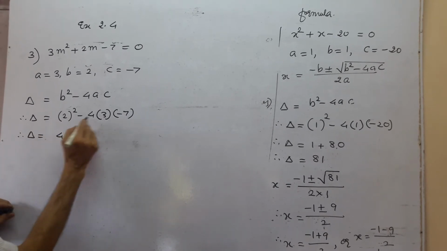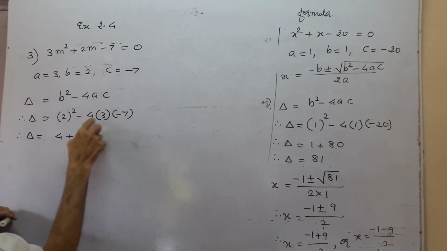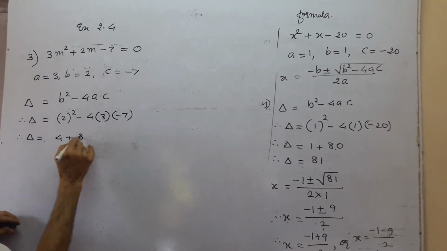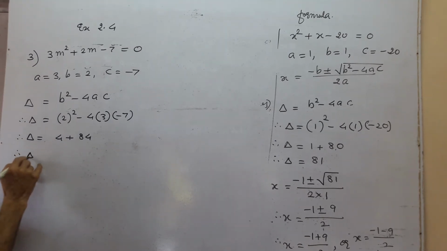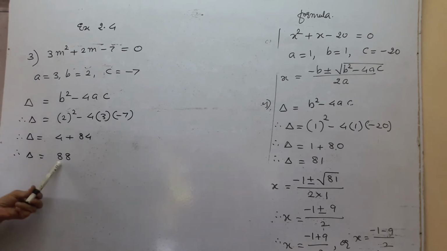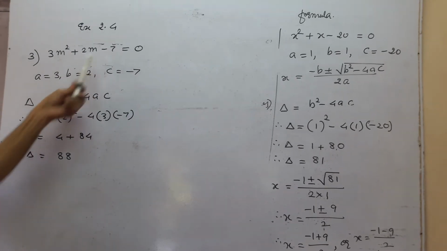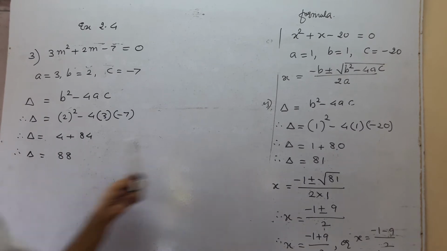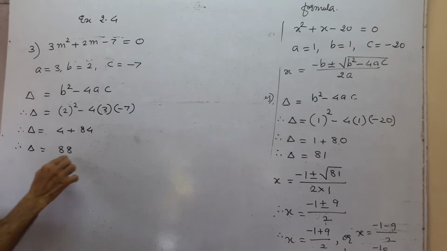Therefore delta is equal to 4 plus 4 times 3 times 7, 4 threes are 12, 12 sevens are 84. And therefore we get delta equal to 84 plus 4, 88. So delta is not a perfect square, and that's why we could not solve this by factorization method. So here we adopted the formula method. We got delta equal to 88.